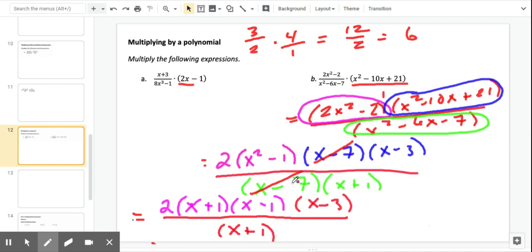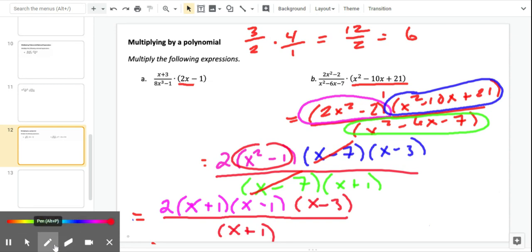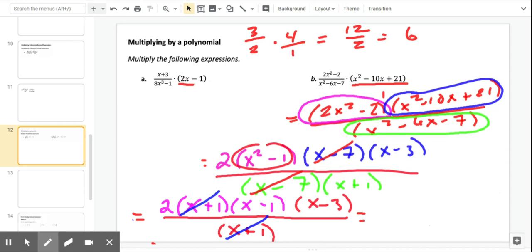So all I've done in this step was I got rid of this x minus 7 factor that we canceled out, and then I factored this. The x squared minus 1 is x plus 1, x minus 1, because it's a difference of two squares. And the reason that's good is because now we have one more thing that we can cancel out because we've got an x plus 1 and an x plus 1. So we would not have caught that if we didn't do the difference of two squares.